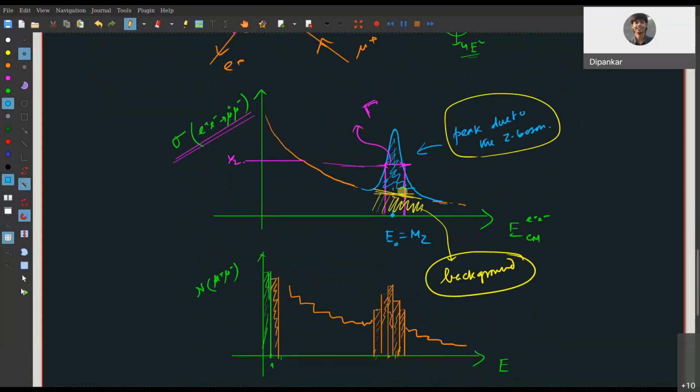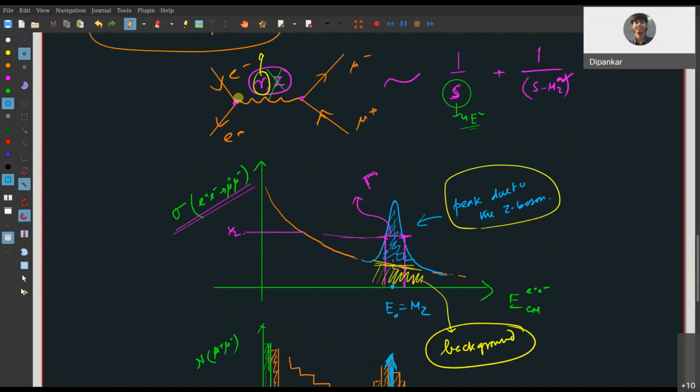But remember, on top of the background event, there are some signal events, and from how high these signal events are from the background event, suppose I have estimated my background events, then I can try to make a quantitative remark about how strongly this e plus e minus is coupled to the Z boson, or where the mass of the Z boson is.